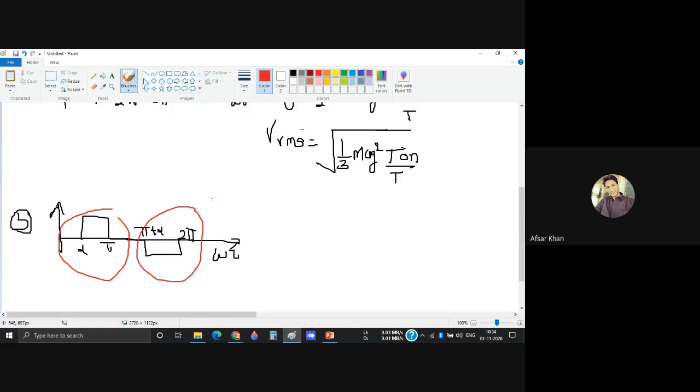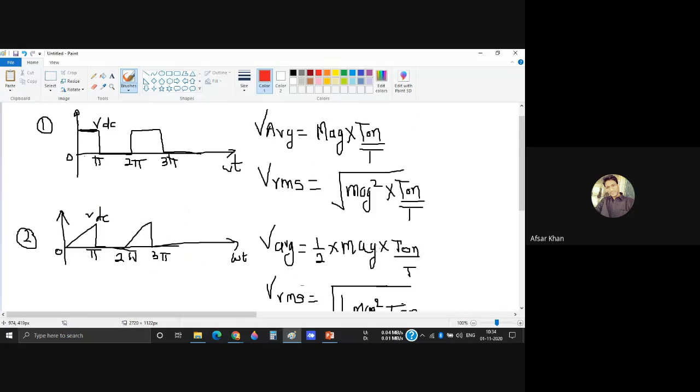So for such waveforms, the average value is always 0. We can write here V average is 0, and VRMS is the same formula as for the square wave, but we have to multiply it by 2 because there are two squares.